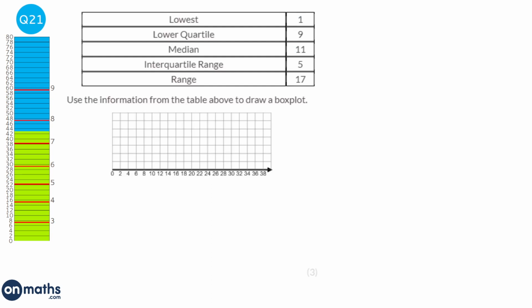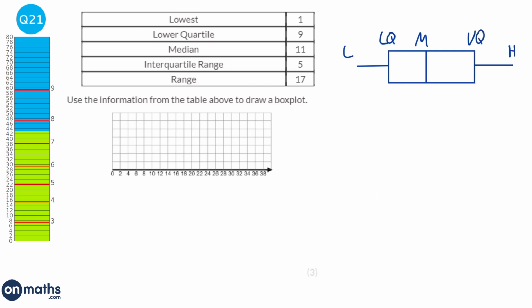A box plot starts with the lowest value, then it goes to the lower quartile. So we have the lowest value, then the lower quartile, and then we have the median, then the upper quartile, and then the highest value. The lowest value is at 1 on this one, and normally we just put a little line at the end here.